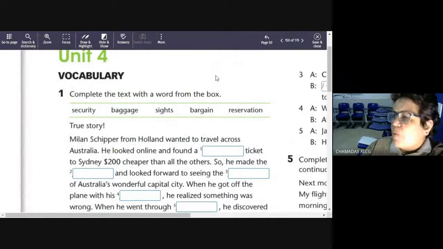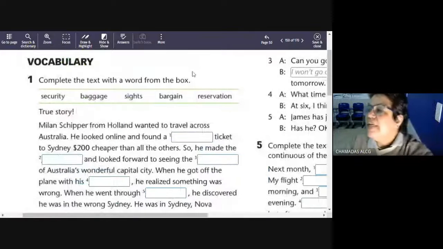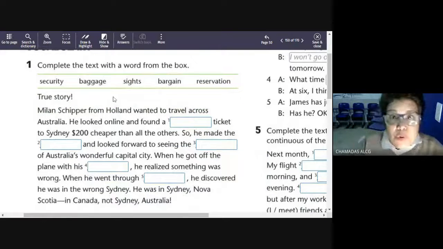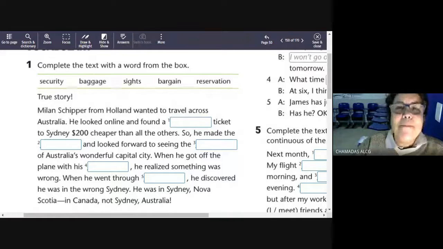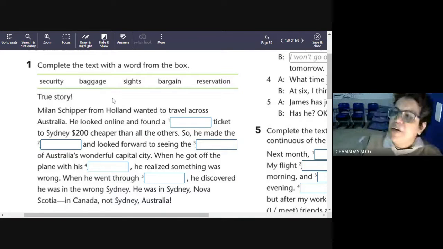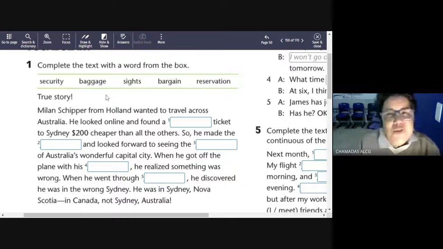Here we are. The first activity will review the vocabulary of Unit 4. Remember, Unit 4 talked about movement. So we talked about going places, exercising, everything related to movement.